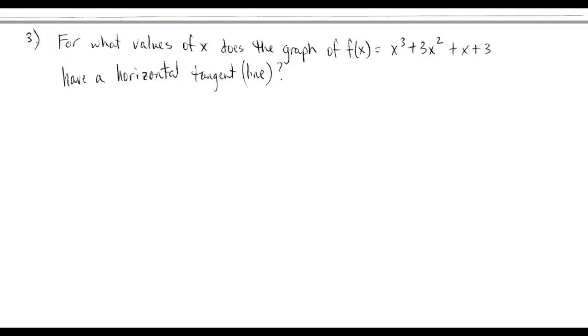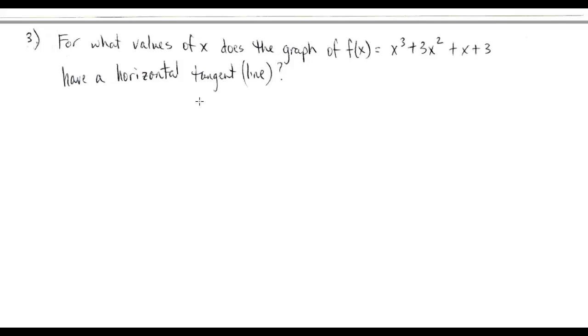Or where does your function max out? Where does it minimize within a certain x value range? So here when we ask for what values of x does the graph of this function have horizontal tangent lines, another way to reword that is at what values of x does your function have peaks or dips in its graph?